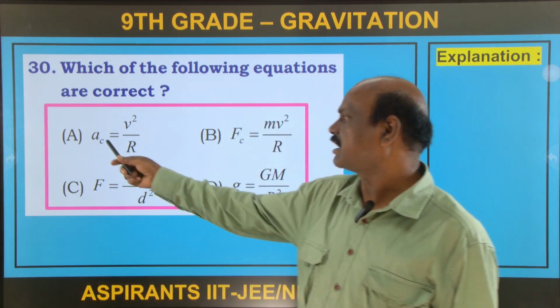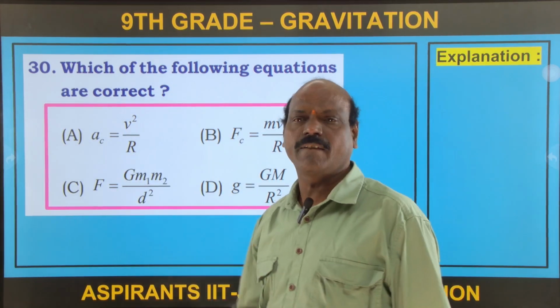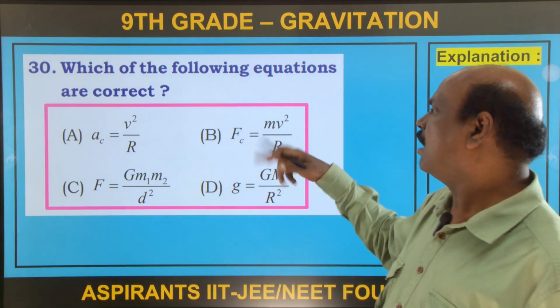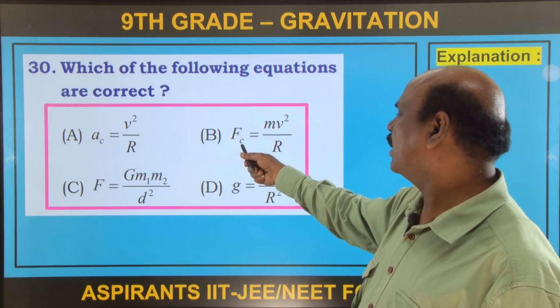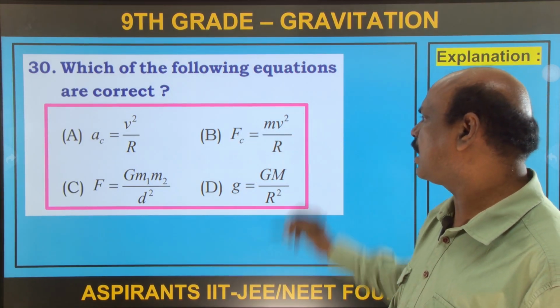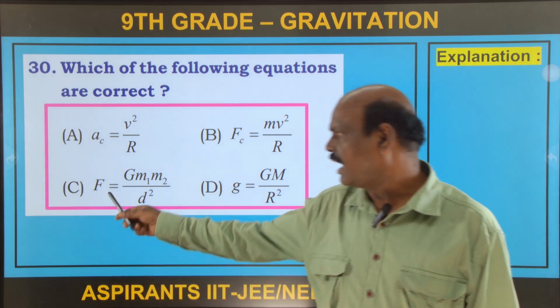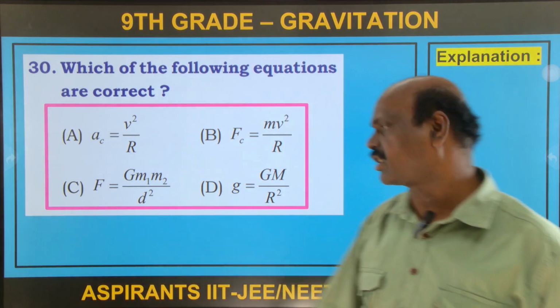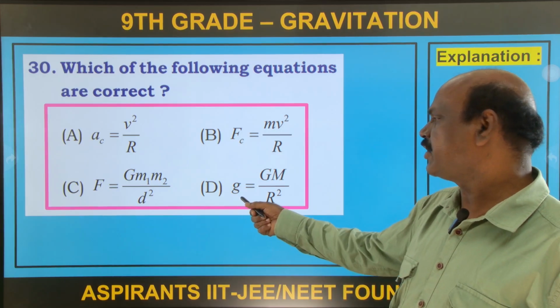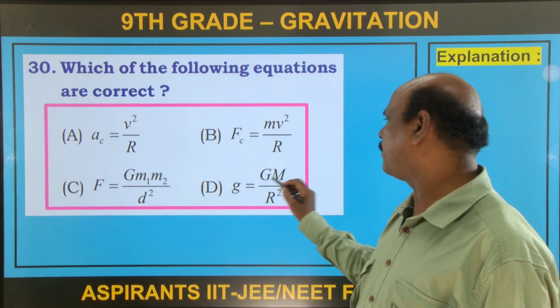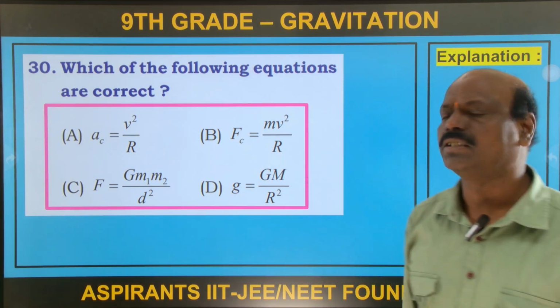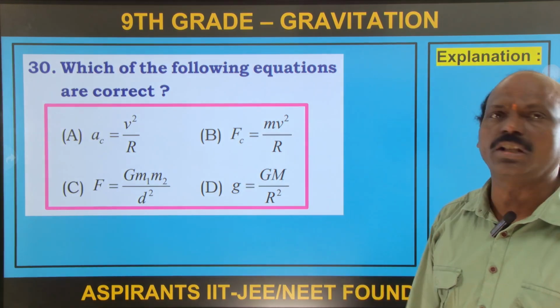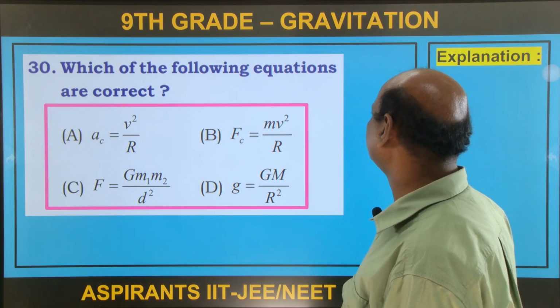That is, acceleration is equal to v square by r, F force is equal to mv square by r, and universal gravitational force F is equal to G m1 m2 by d square or r square, and acceleration due to gravity, we know that it is capital G into m by r square. So all these equations are true.